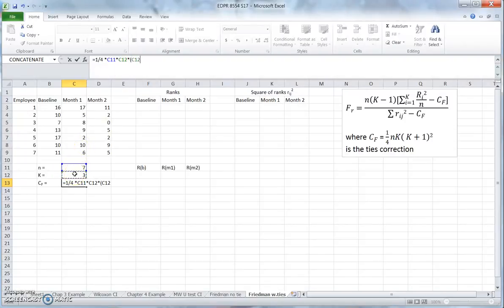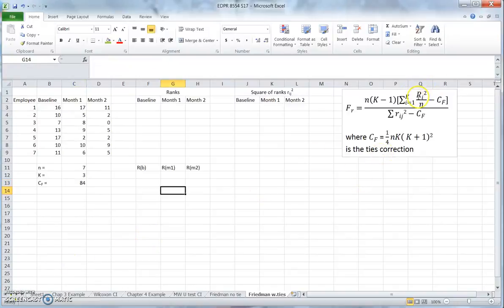This value of K plus 1 needs to be squared, but I'm just going to do it as K plus 1 times itself. So what is the value of CF? We have 84 here.